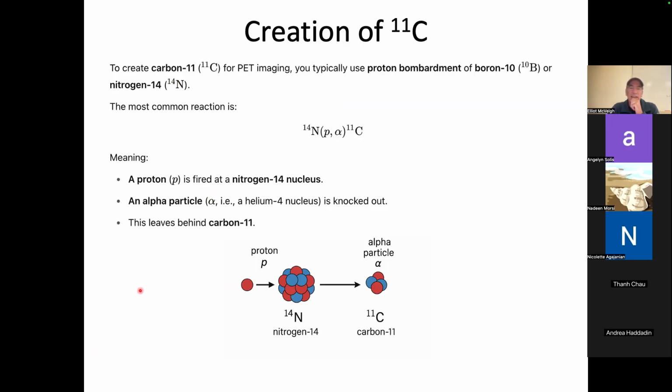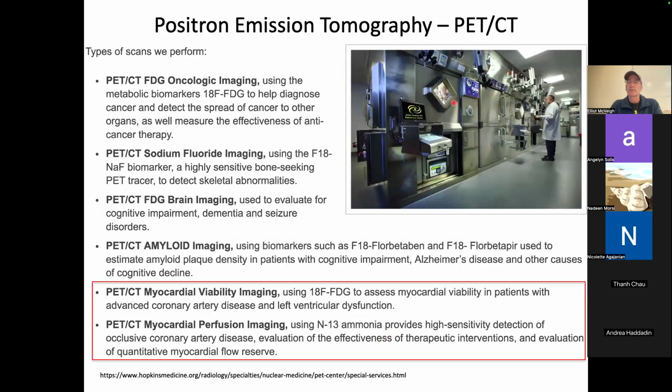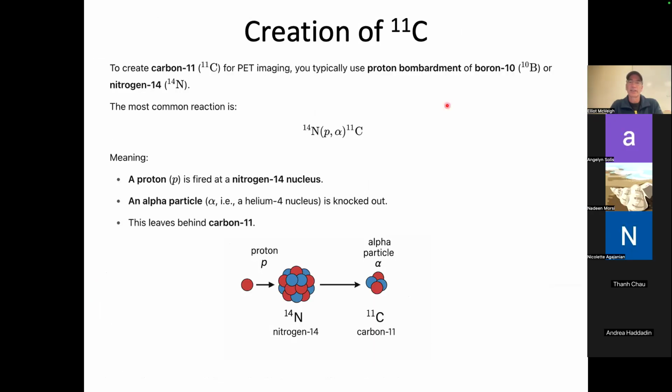And so these things come with high energy and this could be in a gas or something, and this beam comes in, hits a nitrogen 14. Basically, a helium atom is ejected, or an alpha particle. It doesn't have electrons or anything. It's just an alpha particle comes off. That leaves behind a carbon 11. And so that's this unstable carbon 11, which then decays and emits the positron. So that's all going on inside this particle accelerator here.